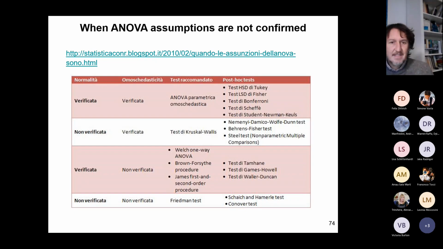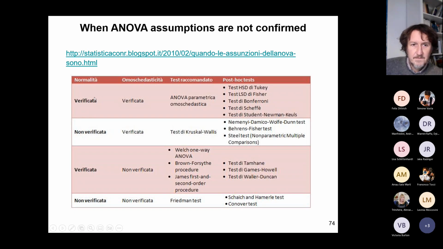I call this slide the slide of tranquility because sometimes we do not make the normality or homoscedasticity tests because if they are not confirmed, we don't know what to do. Why? With this slide, there are the different options.